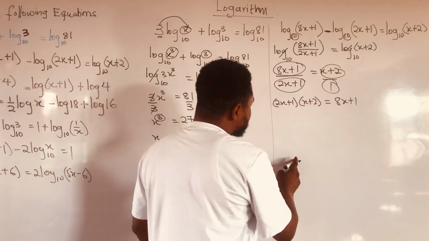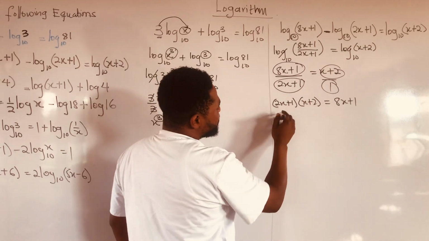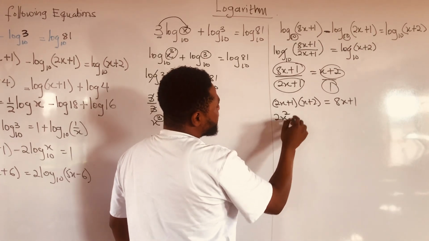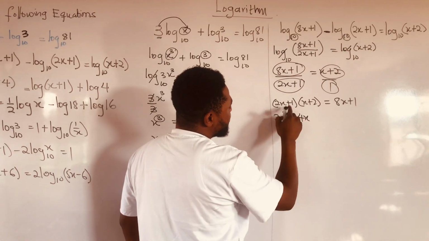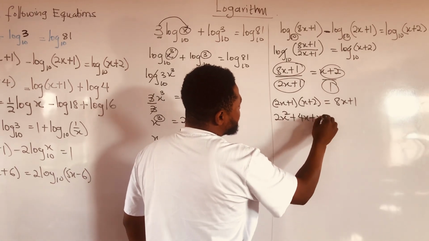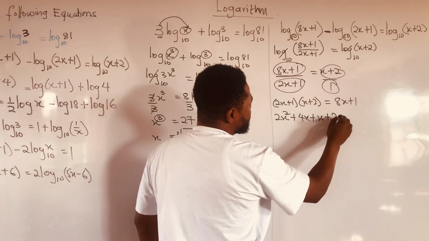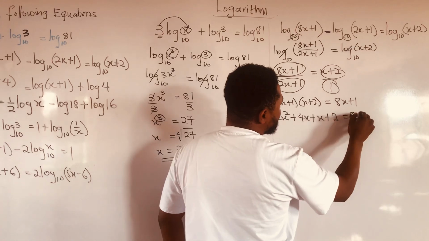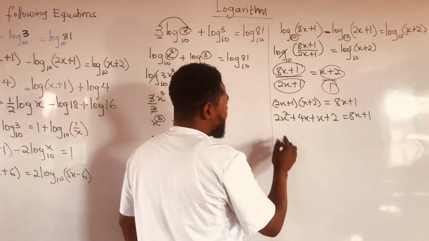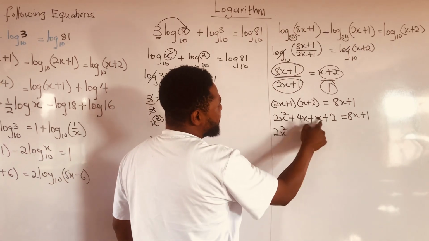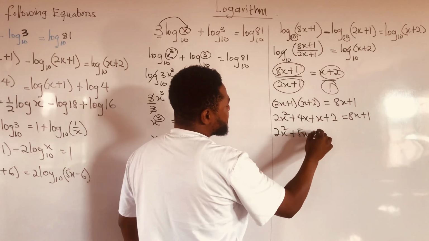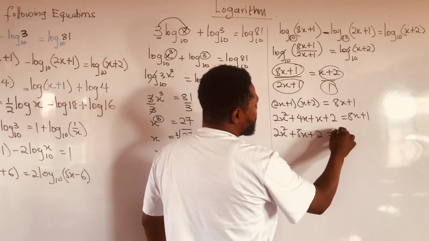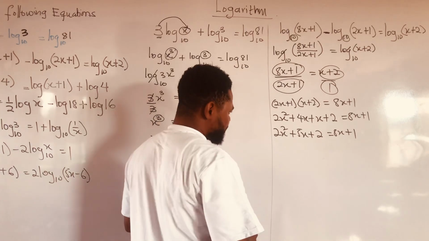Let us expand this and see. This times this will give us 2x squared plus 4x plus x plus 2 equal to 8x plus 1. At this level, we simplify this, and that will give us 5x plus 2 equal to 8x plus 1.